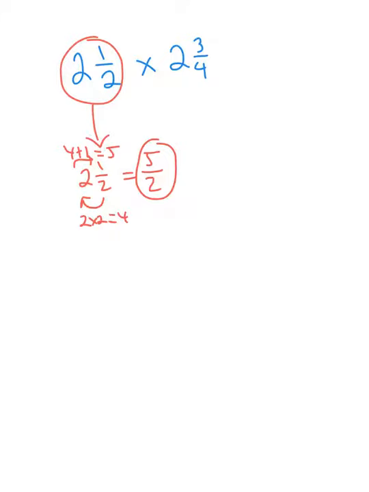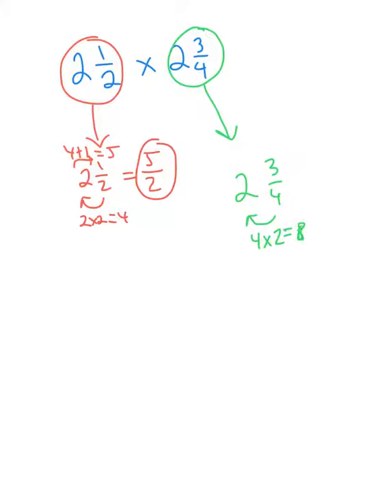Now let's look at our next mixed number. And I have 2 3/4. I multiply the bottom, so I see my bottom number is 4 times 2, which is equal to 8.